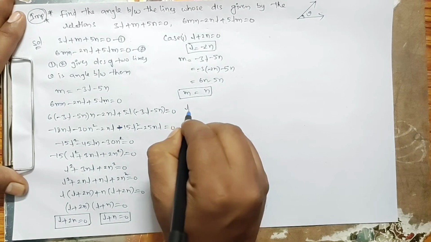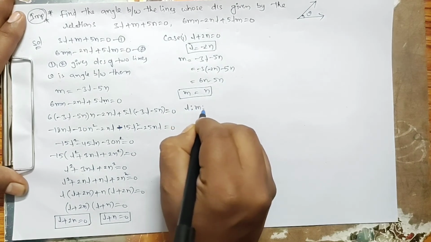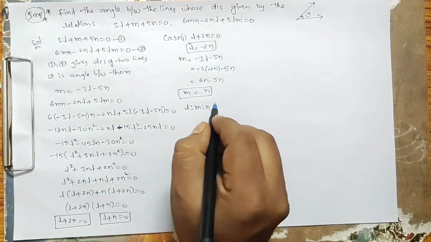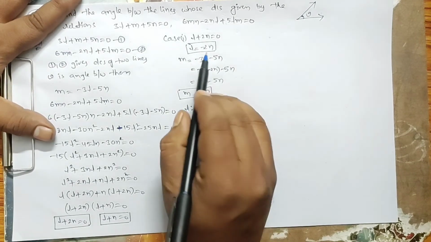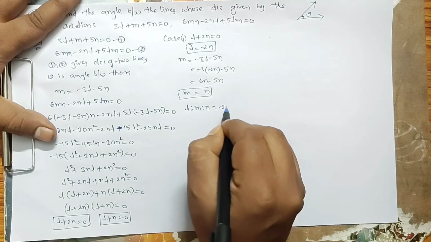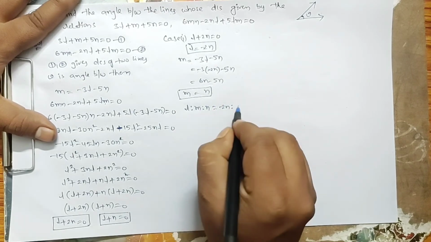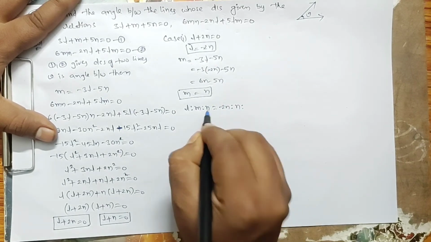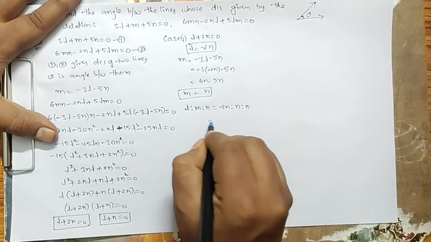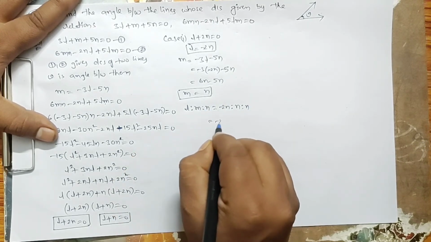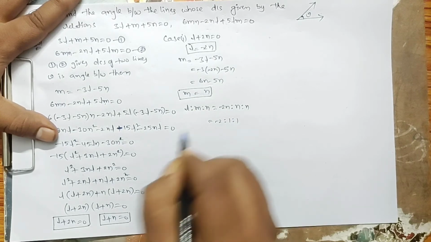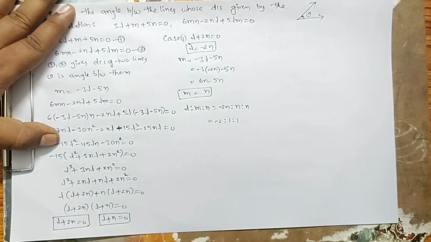So take the ratio of l, m, n, that is l is to m is to n, expressed in terms of n. Now l we can write as -2n, is to m is n, is to n. Then divide this ratio with n. We get -2 is to 1 is to 1.